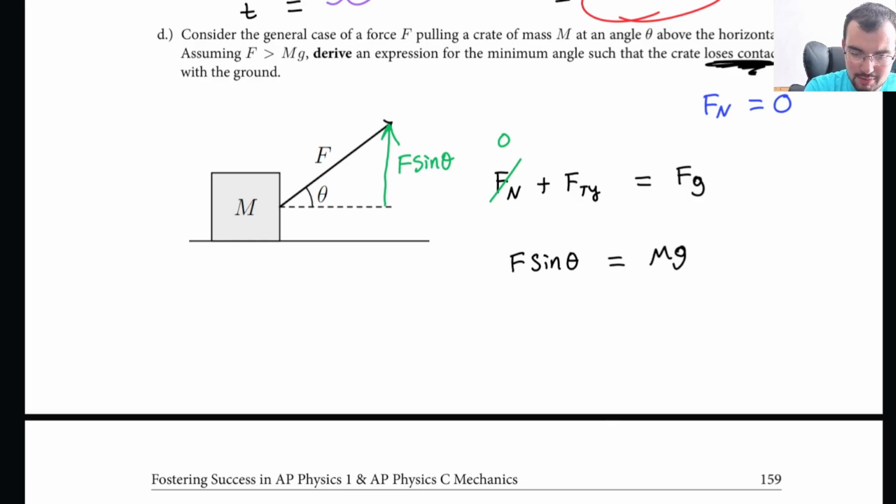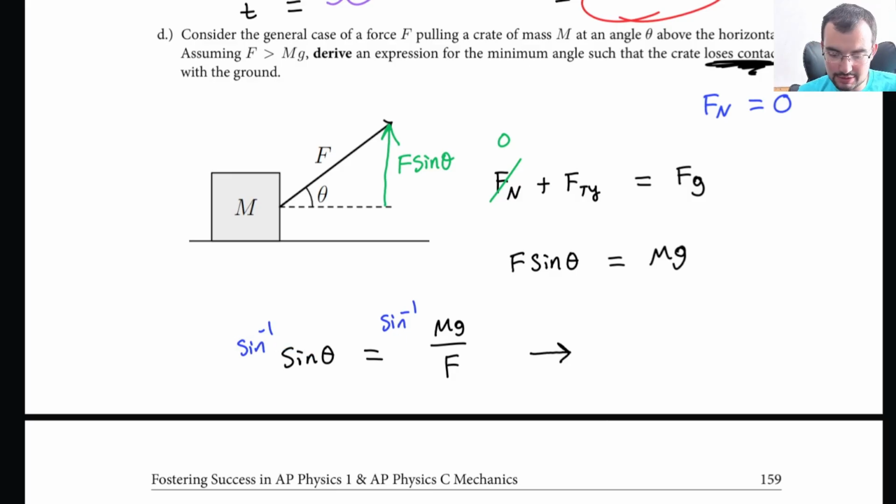And it makes sense it's a maximum angle because sine theta is the vertical component. So if you get bigger and bigger with your angle, it gets more and more vertical. So that's why there's a maximum angle; anything above that, you're supplying too much vertical force. So this would tell us that sine theta would be equal to mg divided by F. And then to undo the sine from each side, we have to inverse sine it, right?